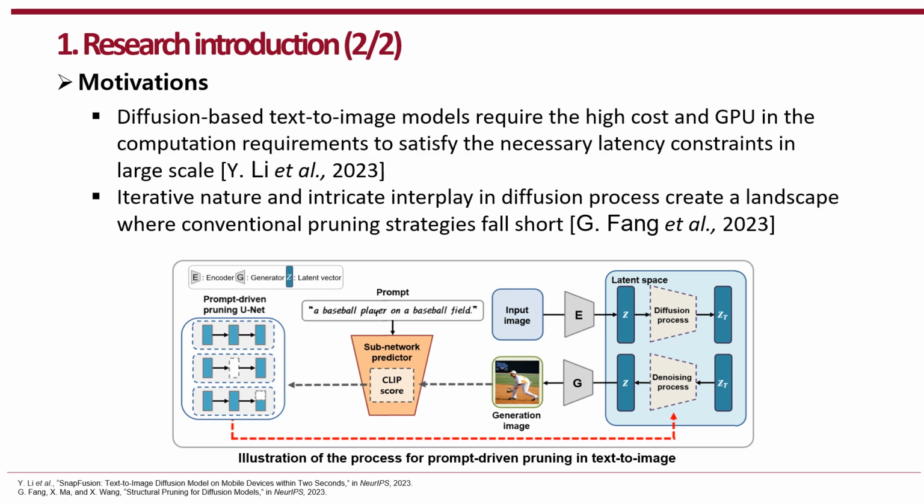The motivations behind my research stem from two main challenges in diffusion-based text-to-image generation models. First, these models are known for requiring high computational cost and substantial GPU resources, especially when they are used at large scale.